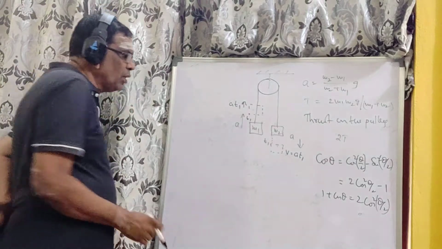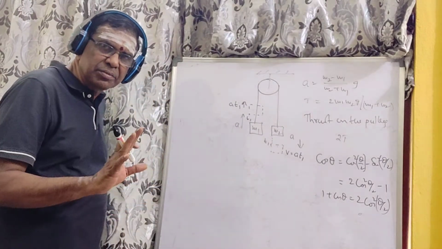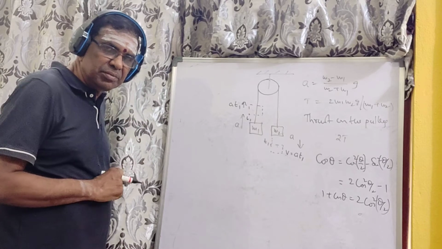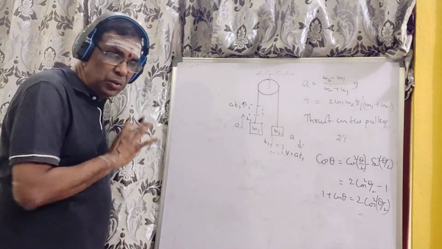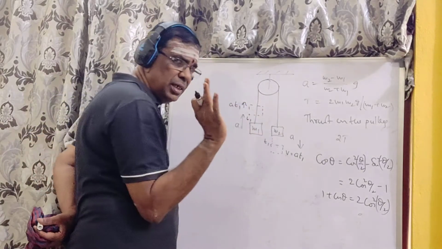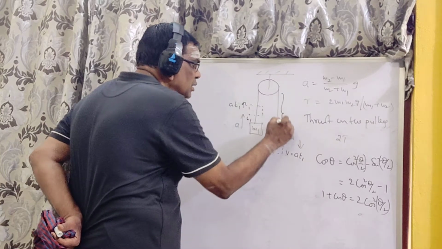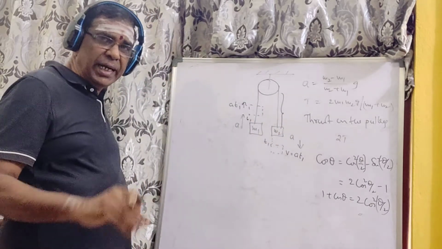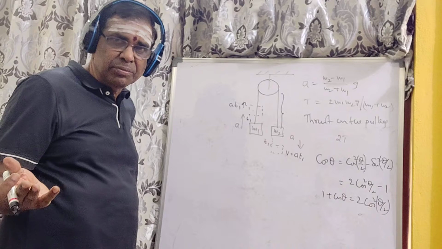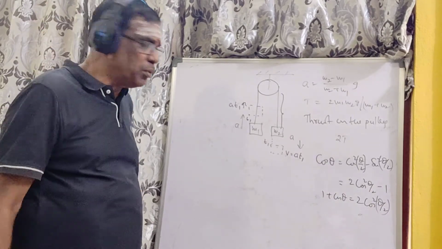Fine. Suppose I stop it momentarily and release. So that means I am not losing much time. I am stopping it here and immediately releasing it. See, the moment you stop it, this tends to get slackened, but you are releasing it. So tension is lost. So this is a very important point.